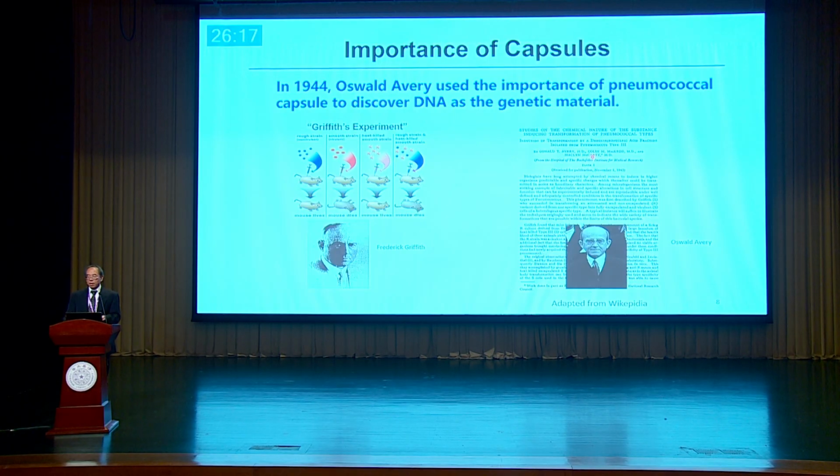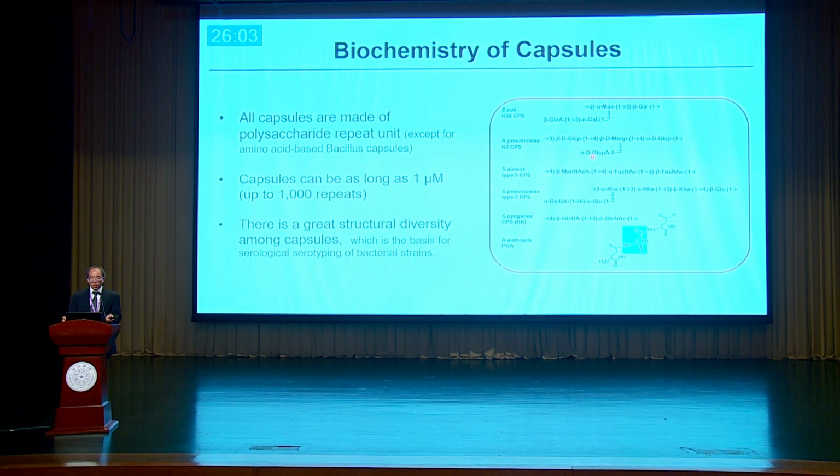The capsule is very famous because it's important for pathogenesis. My scientific grandpa, Avery, made the great discovery of DNA as the genetic material in 1944, using the capsule. All the capsules are different in terms of structure, but they have some common features. Most of them are made of polysaccharide repeat units.